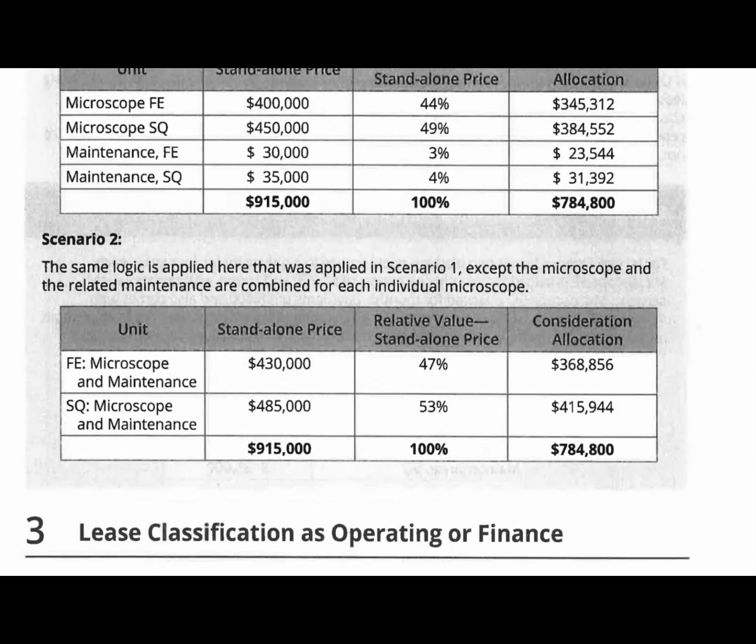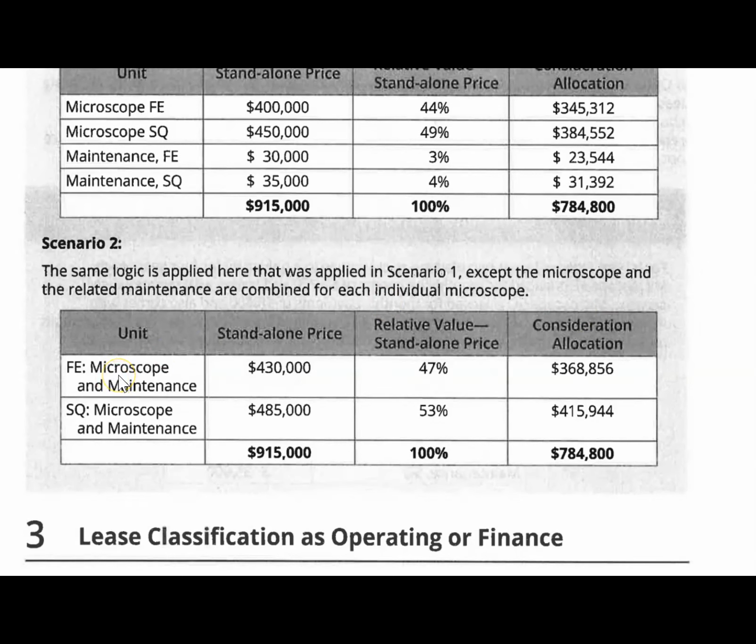Now you could also combine them. We can combine microscope FE and the maintenance related to FE. If you combine those, 400,000 is the microscope price and the maintenance cost is 30,000. So that will be microscope FE and microscope FE's maintenance, and we can also combine the other microscope and its maintenance, and then in the same way we can get the percentage and allocate it.